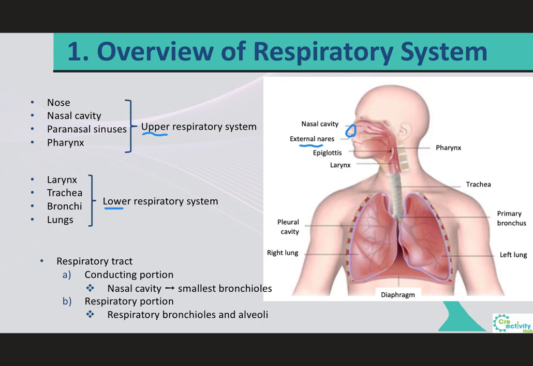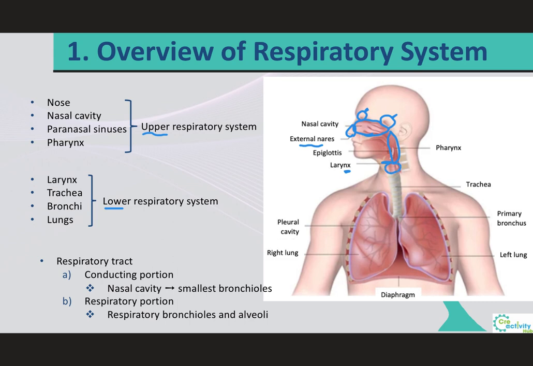The nasal cavity, which is this whole structure right over here. The paranasal sinuses, we can see both of them here. We have the frontal sinuses and the sphenoidal sinuses, and the pharynx, which goes all the way down to around the hyoid bone. The lower respiratory system will start at the larynx, which is right over here.